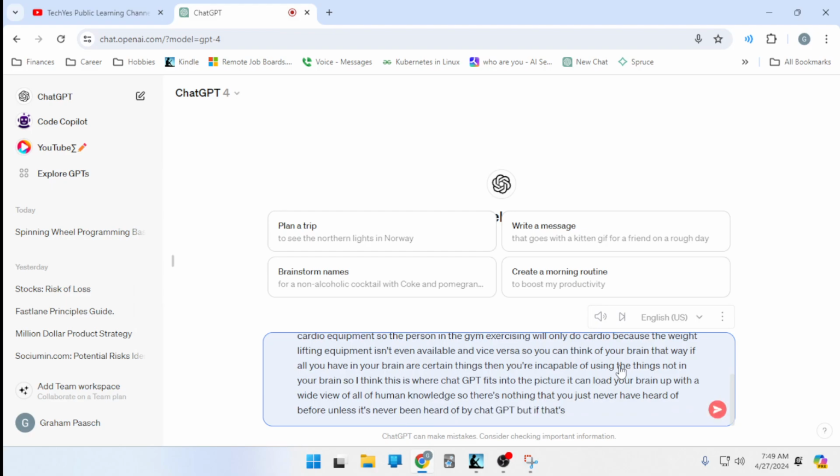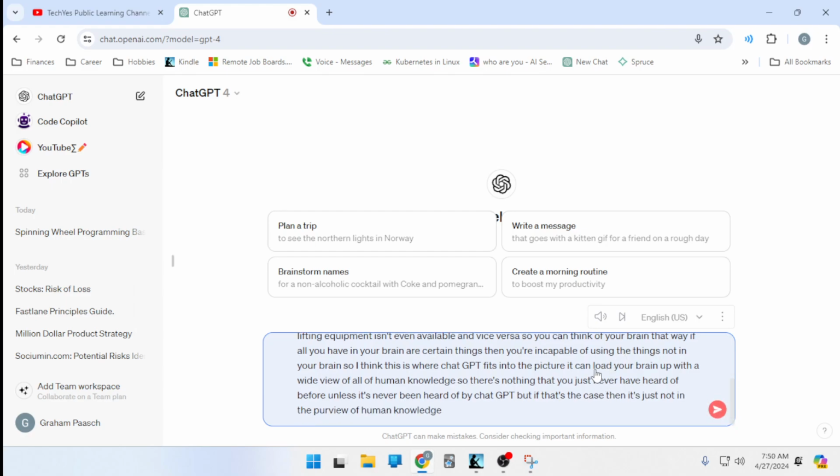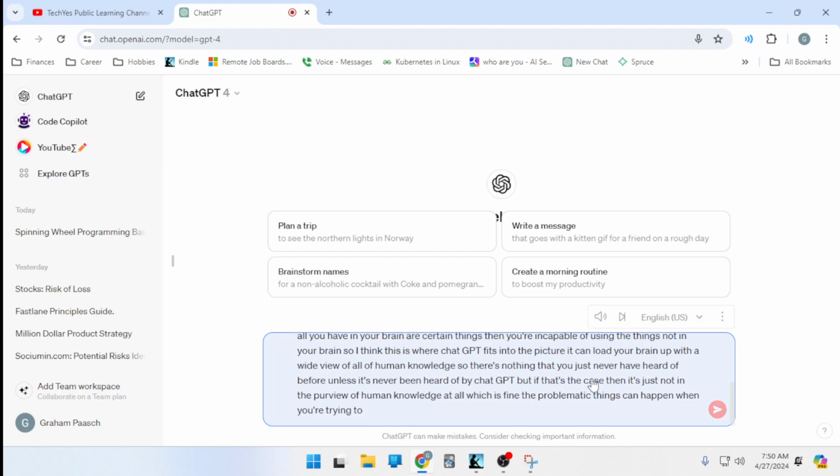But if that's the case, then it's just not in the purview of human knowledge at all, which is fine. The problematic things can happen when you're trying to work on something and you just didn't even know a critical concept that you needed to succeed at your work existed.